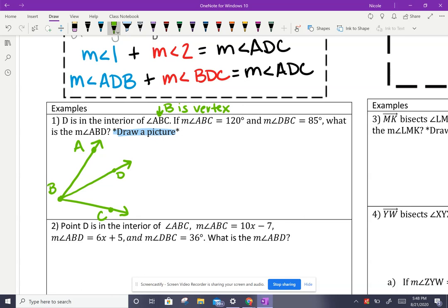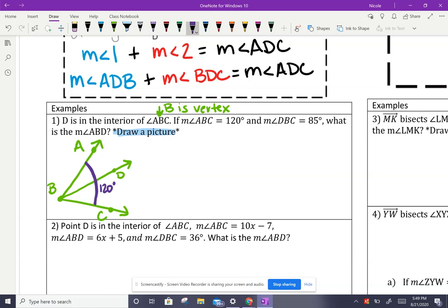It tells me the measure of angle ABC, the whole angle, the whole enchilada, is 120 degrees. I'm going to mark this so you can tell I'm talking about the whole arc of the angle. I didn't draw a big angle, so it's not visually accurate, but that's okay.